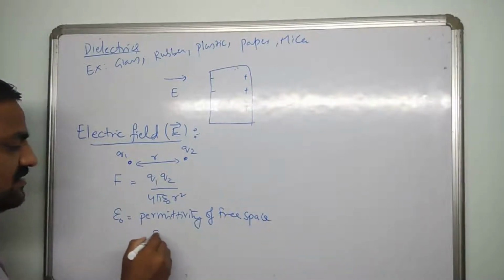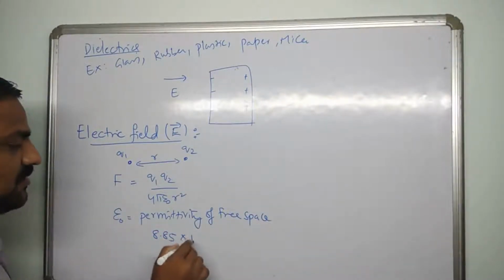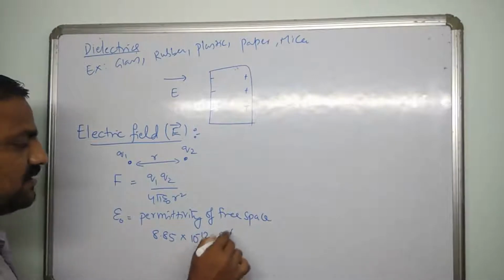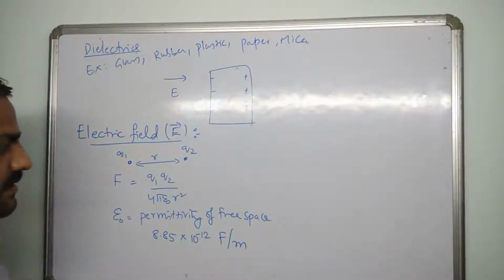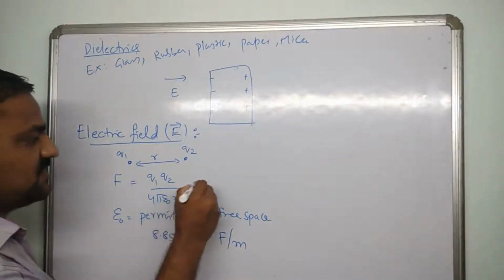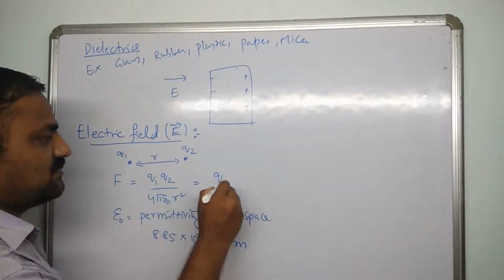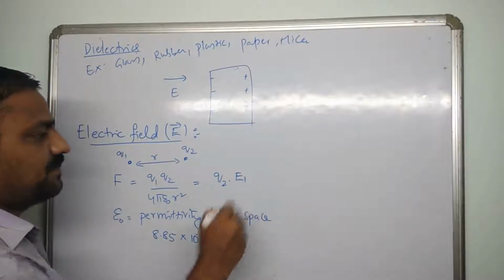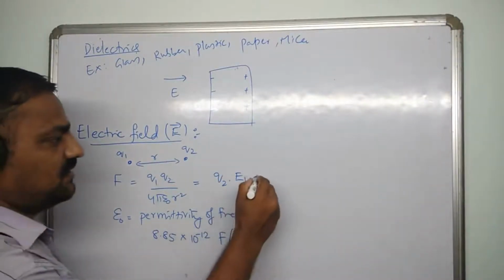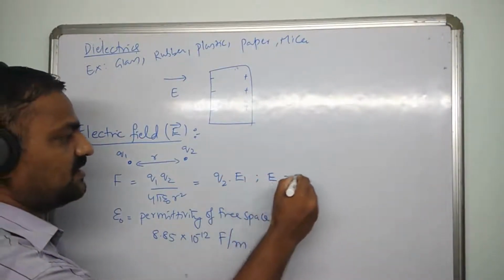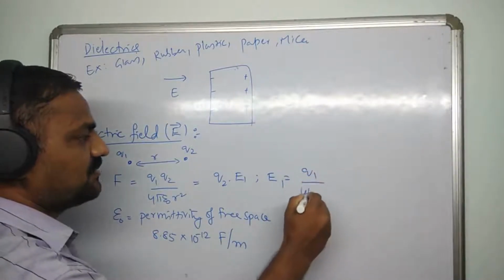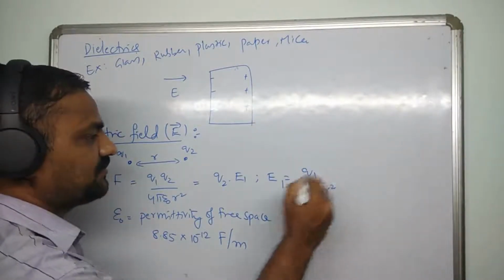The value is 8.85 into 10 power minus 12 farad per meter. So based on this, one can define this as Q2 times E1. What is this E1? Here E1 is given by Q1 by 4 pi epsilon 0 r square.